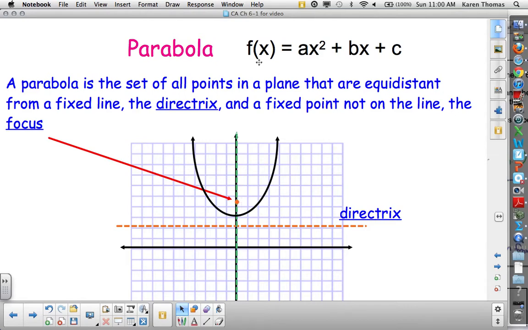We've learned in the past that this quadratic equation will graph a parabola. The equations we're going to be using today are a little bit different. Please note that the focus is right on our axis of symmetry, which is that imaginary line that cuts our parabola into two equal halves.